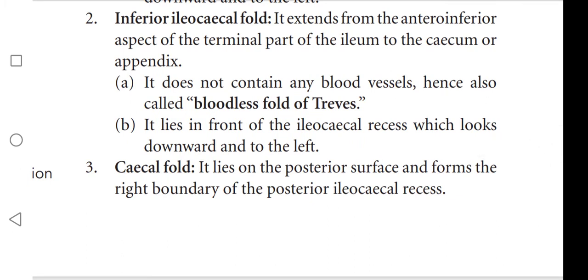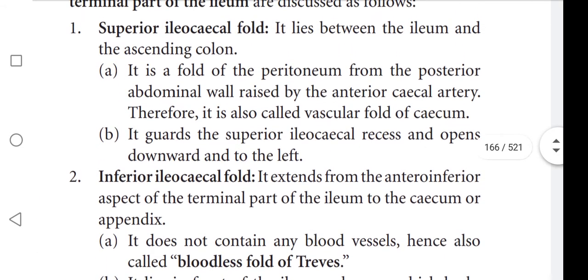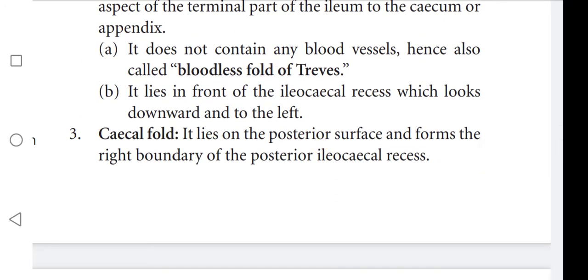It lies in front of the ileocecal recess which looks downward and to the left. Inferior ileocecal fold extends from the antero-inferior aspect of the terminal part of the ileum to the cecum or appendix. It does not contain any blood vessels, hence called the bloodless fold of Treves.